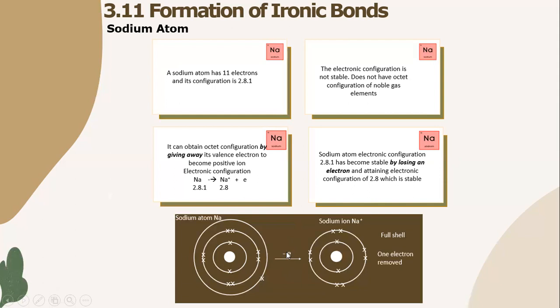So originally, the sodium atom has the electronic configuration of 2.8.1 and it becomes stable by losing an electron and attaining the electronic configuration of 2.8, which is stable. If you look at the diagram, one electron is removed, so it becomes 2.8 in the electronic configuration by losing an electron.